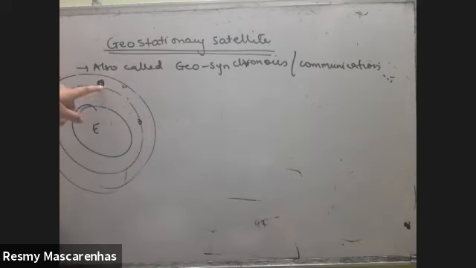So if this satellite is behaving just like Earth, okay, same movements like Earth, time period of that rotation as well as revolution is same as that of Earth, and it is called a geostationary satellite. Not necessarily all the satellites behave like Earth. So only those satellites who behave like Earth are called geostationary. Otherwise, they are called normal satellites. So this is a word given only specific to those satellites who behave like Earth.